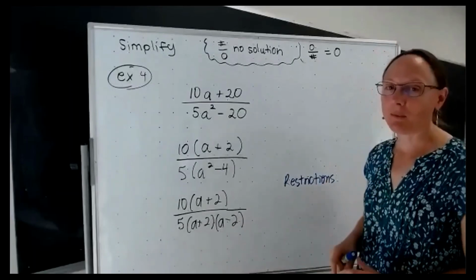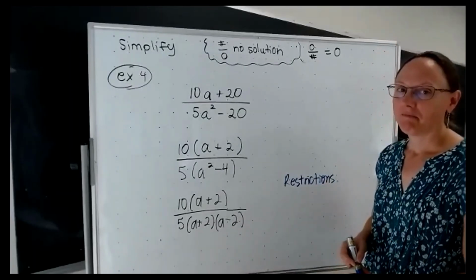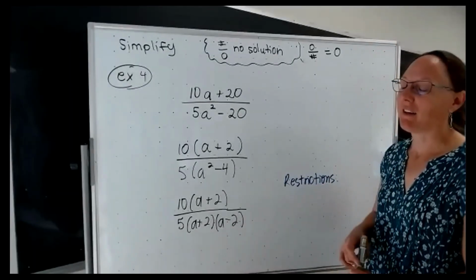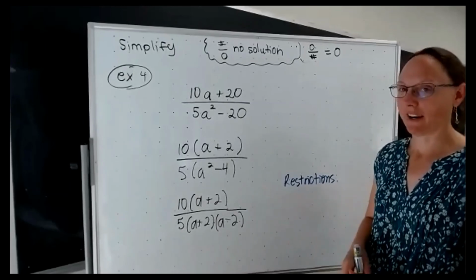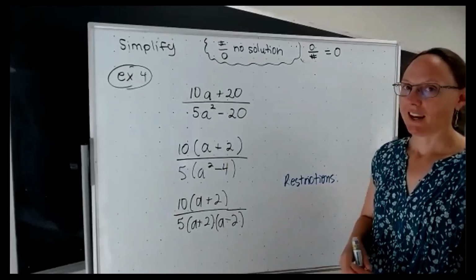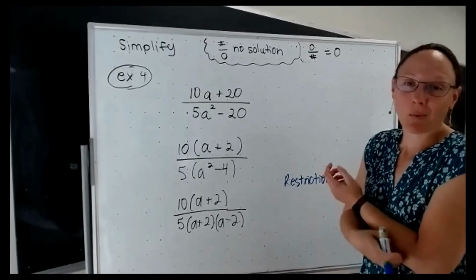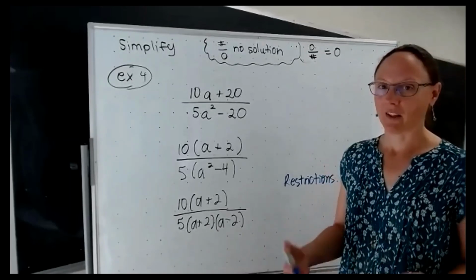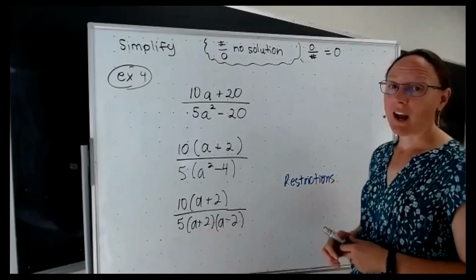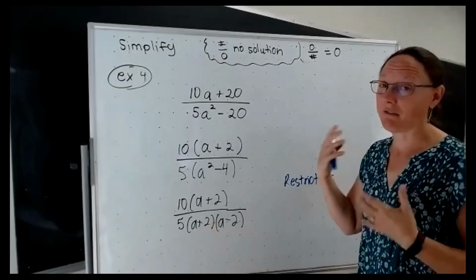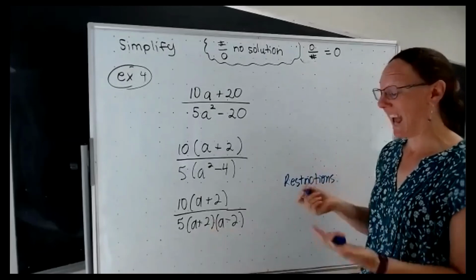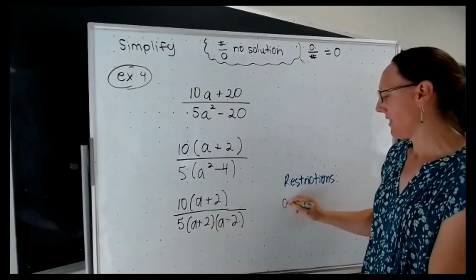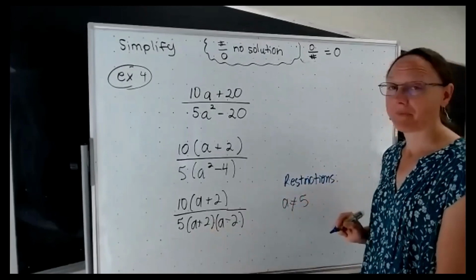There is a common mistake that students might make if they were working through this problem in a hurry. And I just want to point it out because I think it's equally important to be able to catch your own mistakes as it is to be able to do the problem correctly the first time. If I were in a hurry, I might accidentally write that a cannot be equal to 5.